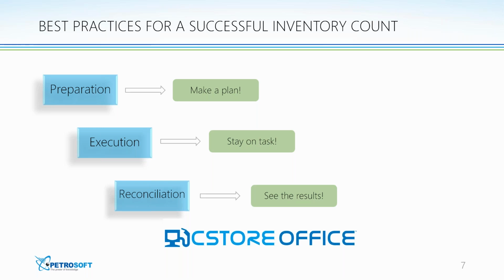And using the full range of CSO reporting, you can see overshorts down to the item level. This process definitely helps you find, research, identify, and eliminate the cause or causes of the errors. What's great about C-Store Office's reporting is that you can use these as a jumping off point to continue your research and then retrain the staff to avoid future errors.